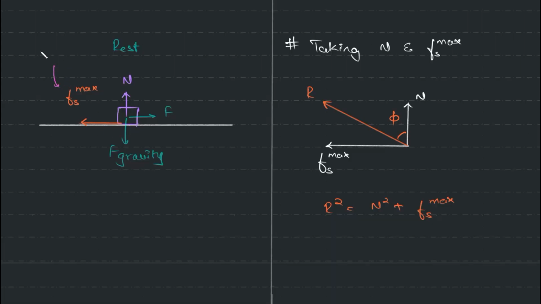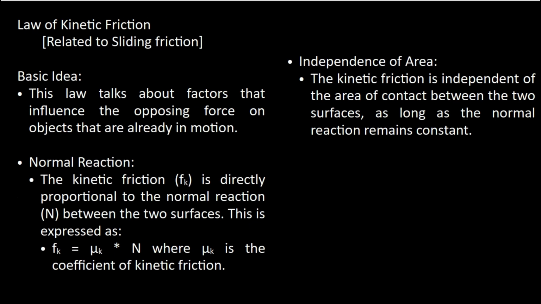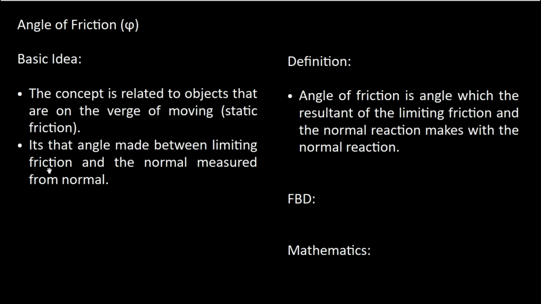This has to do with your limiting friction. So the concept is related to objects on the verge of moving. It's the angle made between the limiting friction and the normal, measured from the normal.